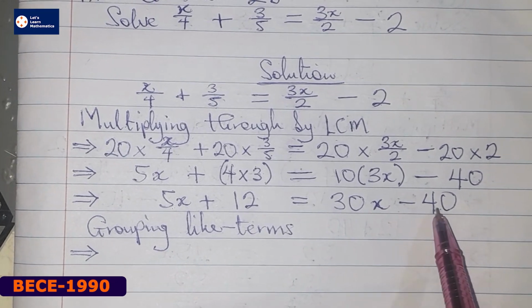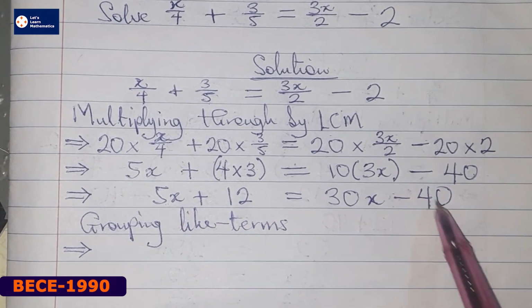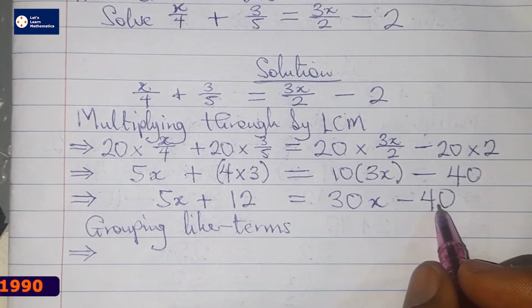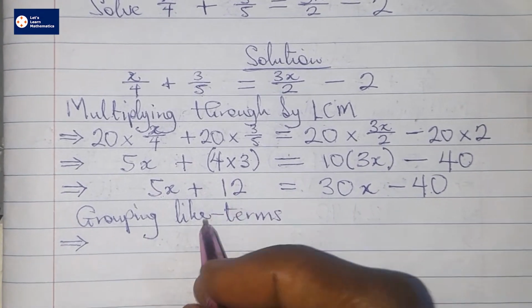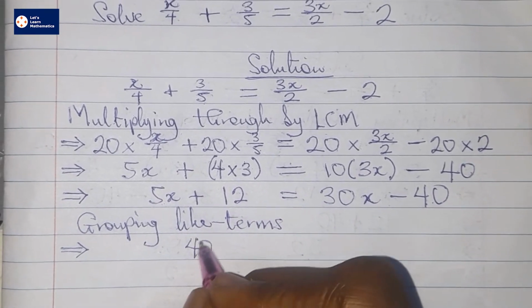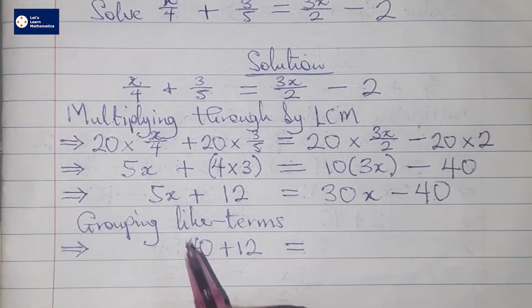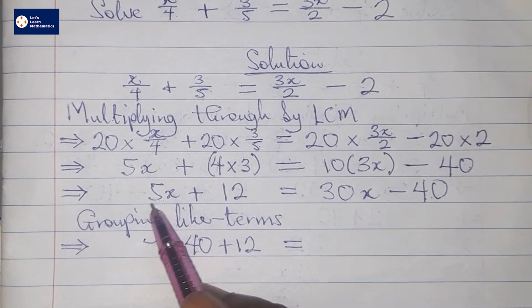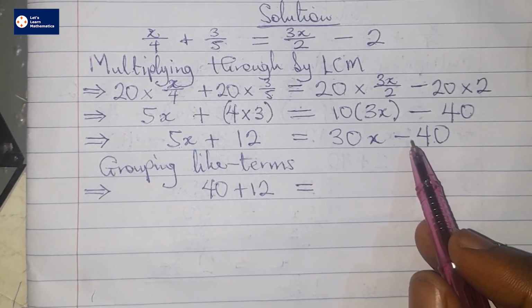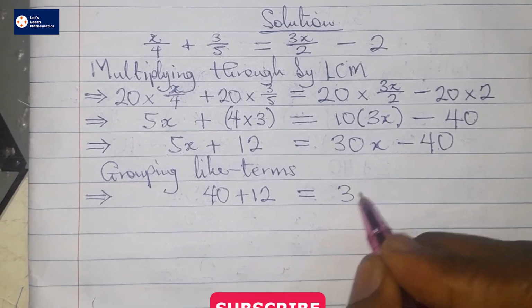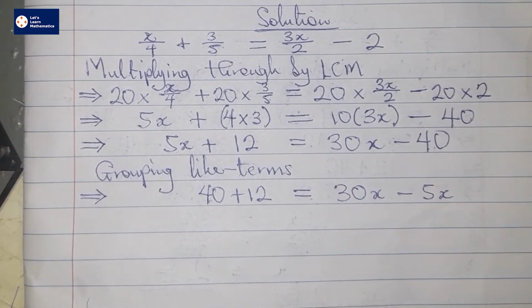So if this is negative and it crosses the equal to symbol, it will become positive. So I have here 40 plus 12 equals, then this 5x here, it is positive. When it crosses the equal to symbol, it will also become negative. So I have 30x minus 5x.